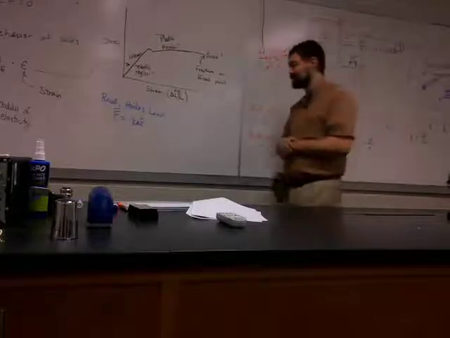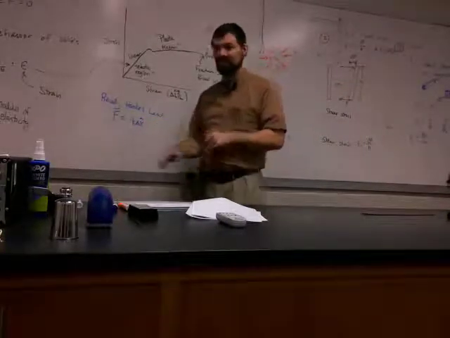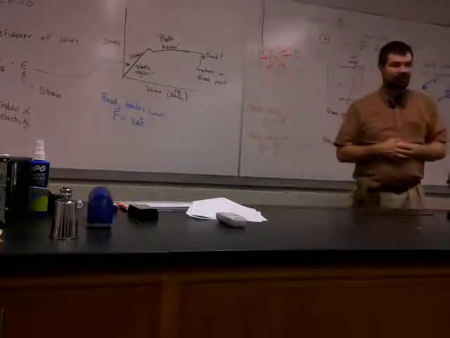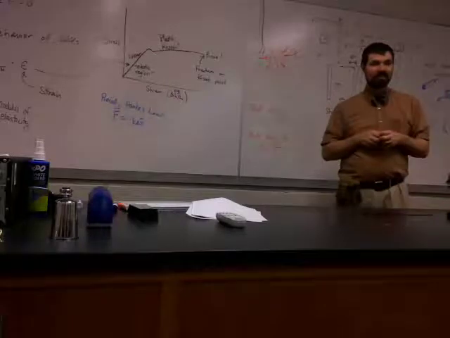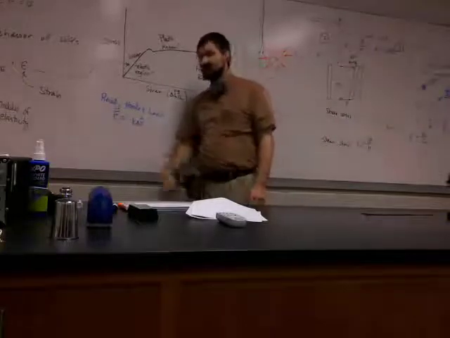Implication, among other things, the longer your spring is, all else being equal, the smaller your spring constant will be. The bigger your cross-section is for your spring, all else being equal, the stiffer the spring will appear, the larger the spring constant will end up being.